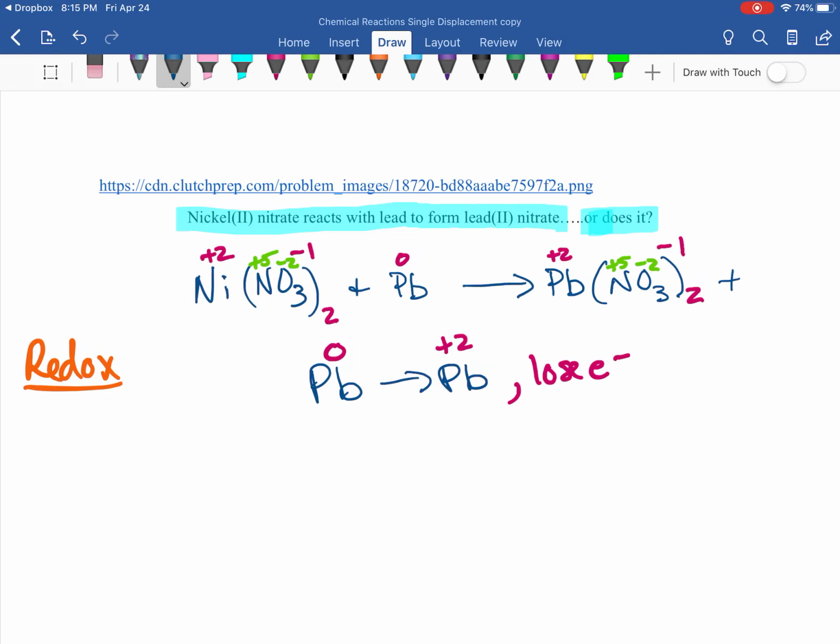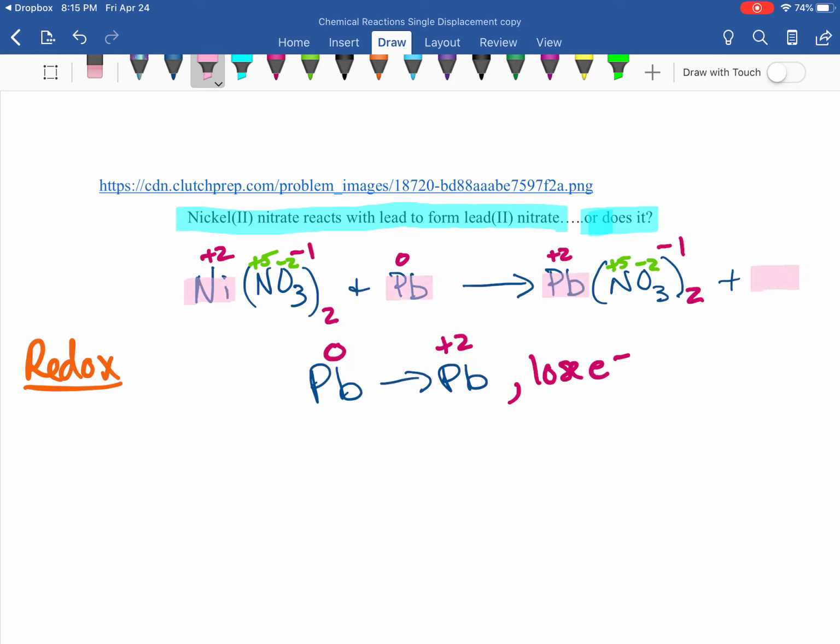Our lead is going from 0 to +2. Okay, awesome. So that means it is losing electrons. And then our nickel. We didn't write nickel yet, but our nitrate, is our nitrate changing? No. So that's got to be a spectator ion.